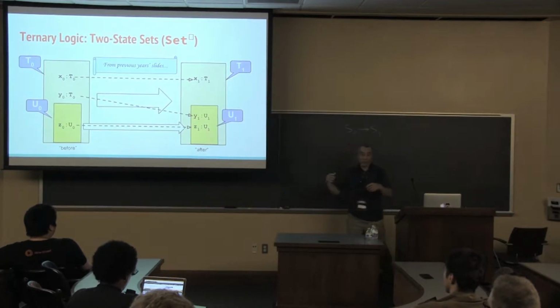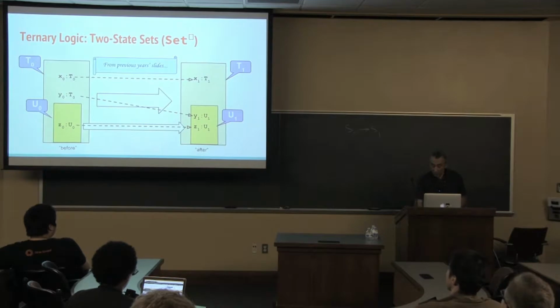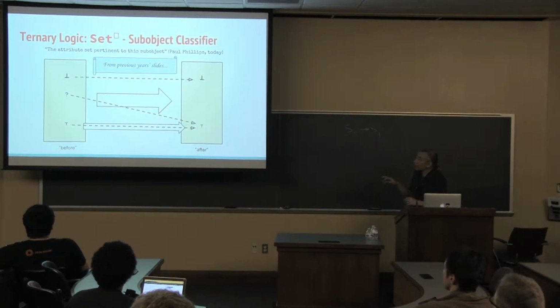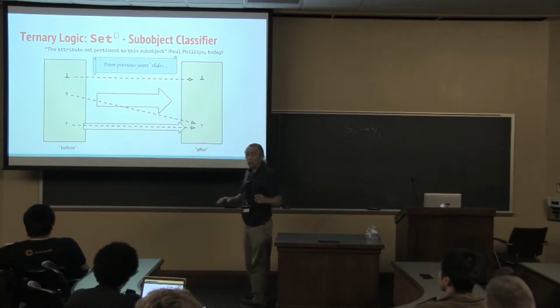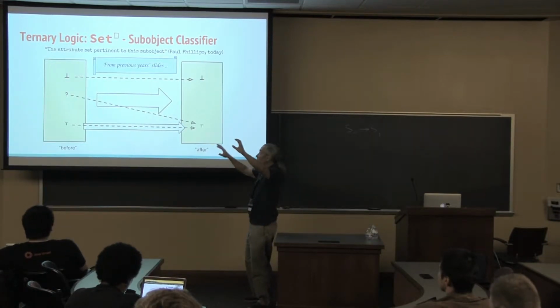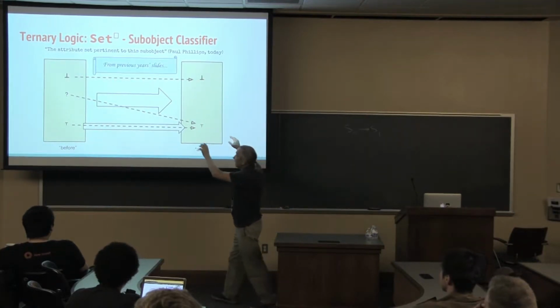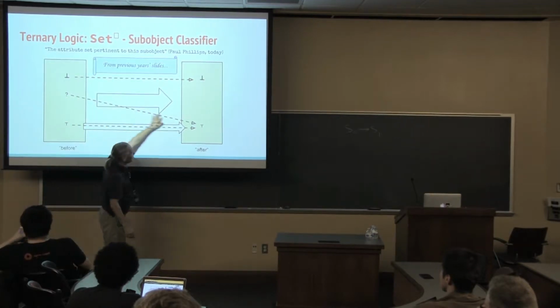For representation of logic in toposes, there is an object called the subobject classifier. It's a special object that is used for producing predicates, for mapping your sets, like running in time, into this thing, and telling what maps here and here.